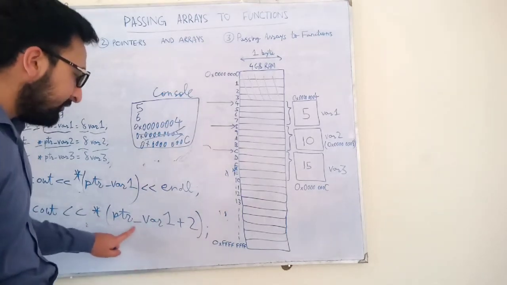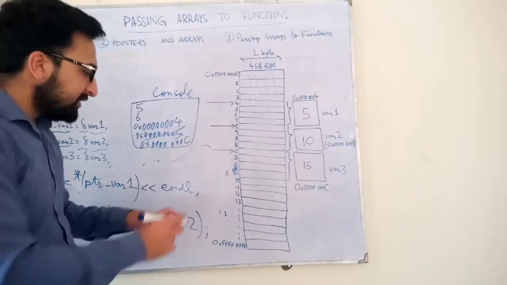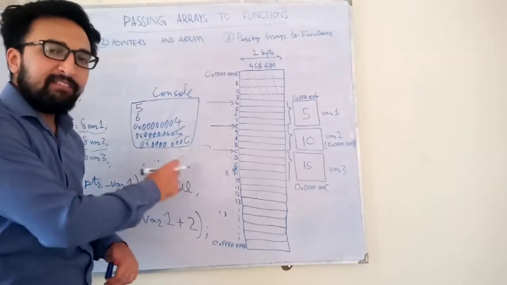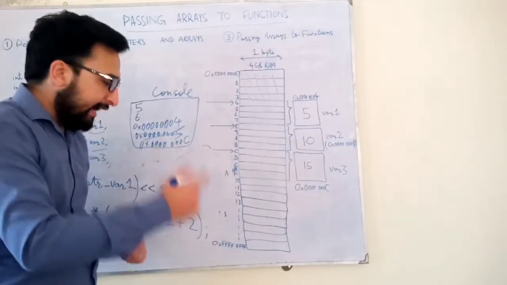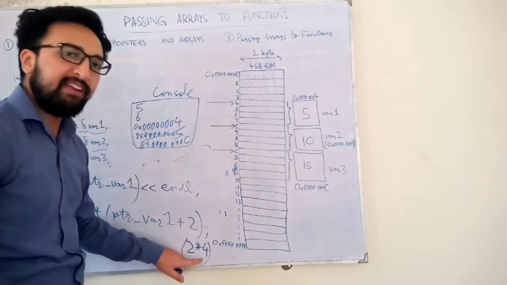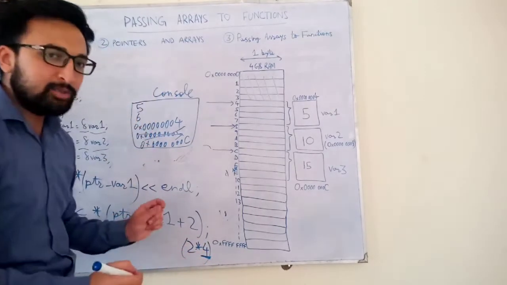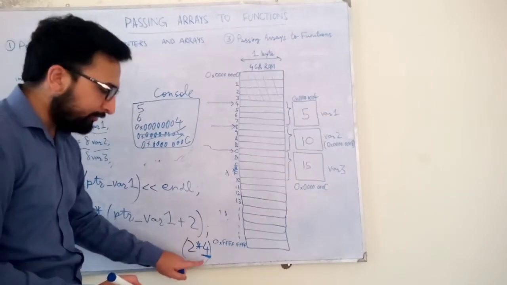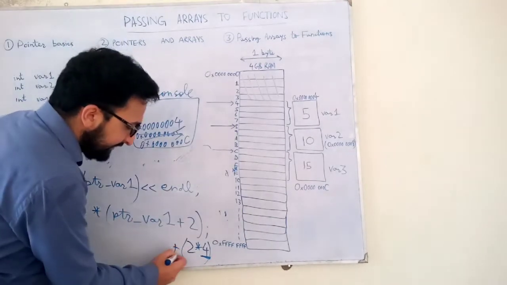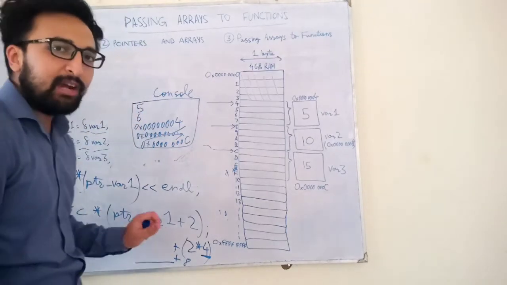We know that whenever we add something to the name of a pointer variable, it does not simply add that value to whatever was stored in that variable. It first multiplies that value with the size in bytes of the variable to which the pointer is pointing, and an integer is 4 bytes, so 2 gets multiplied with 4, and then that, 8, gets added to whatever was stored in ptr_vr1.